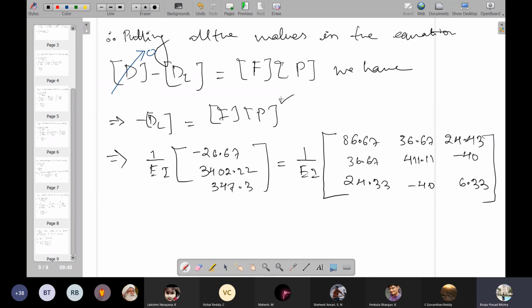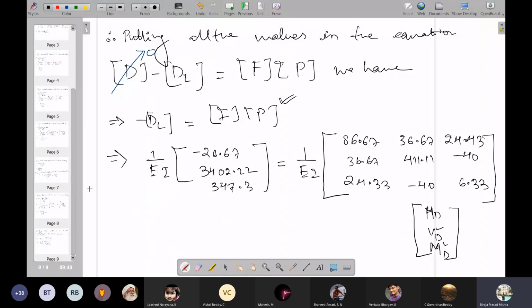And what about this one? The first one is horizontal, so HD, this is VD, the vertical reaction, and the third one is MD, the moment.